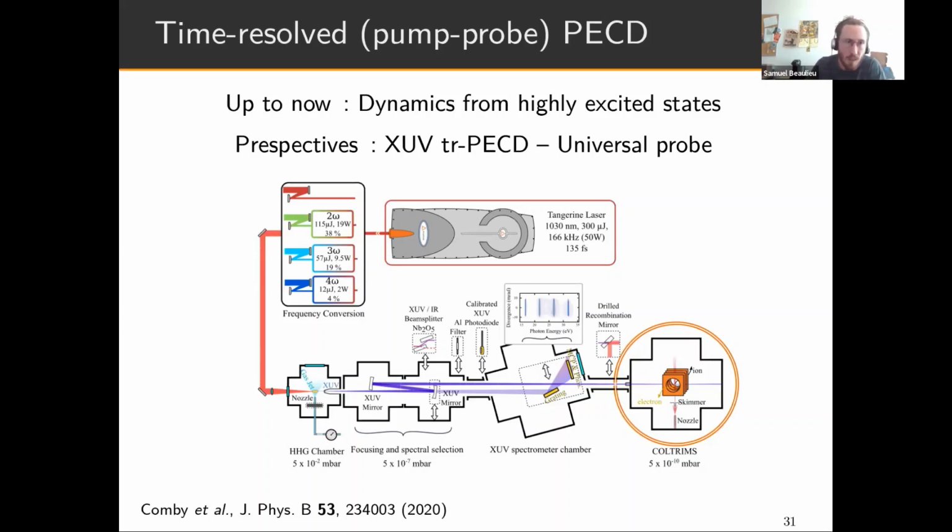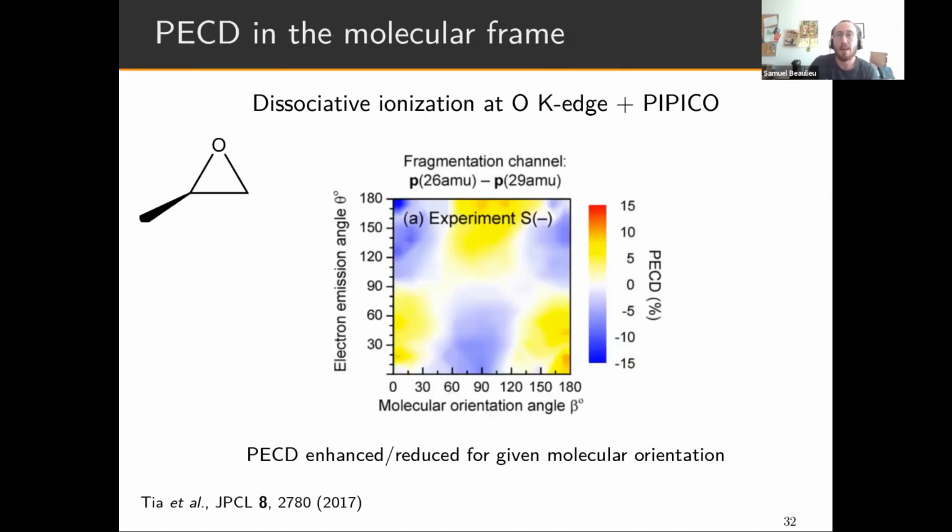And so this is one of the future perspectives of the kind of setup that will be used for future time-resolved PECD experiments. And using a COLTRIMS detector can be very helpful for PECD investigation.